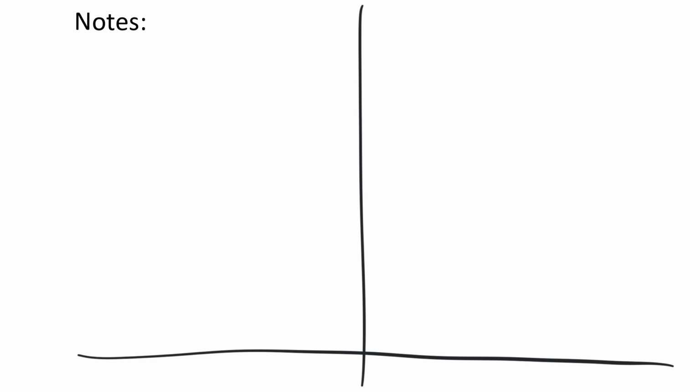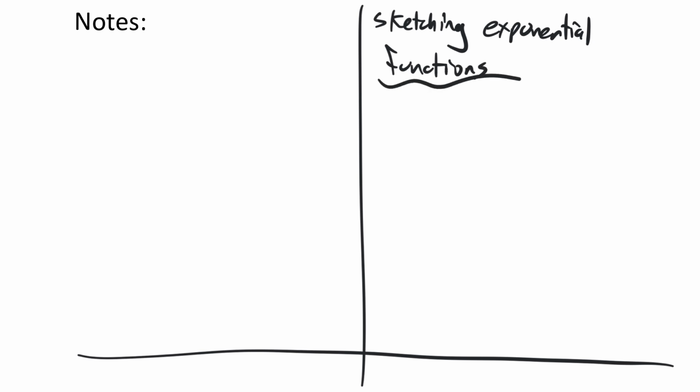All right, so some notes on this. We are sketching exponential functions. And the basic method for this is a table of values, which is really a good method for any graph.